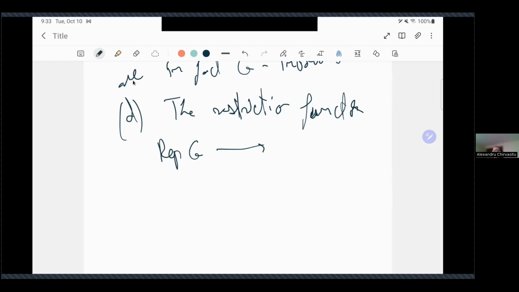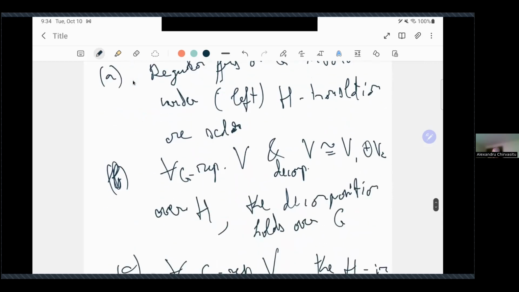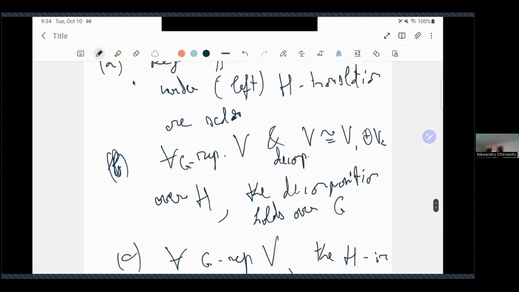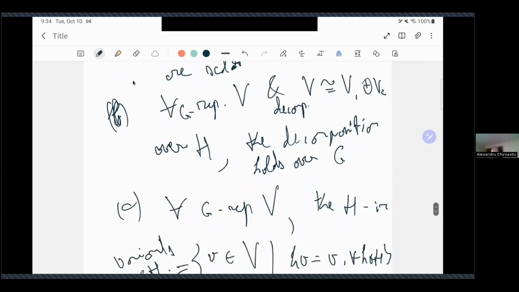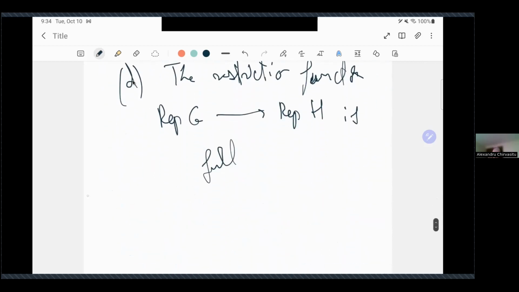You take a G representation and just restrict your attention to H. This functor is full, meaning that if I give you two G representations and a morphism between them that intertwines the operators from H, then in fact it already automatically intertwines the operators from G. I think they gave a couple more, but I'm going to stop here because why not? This is a good place to stop, it's enough.